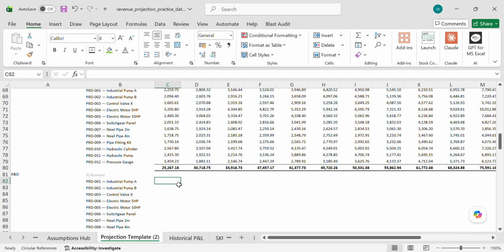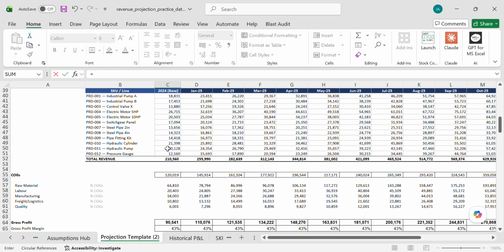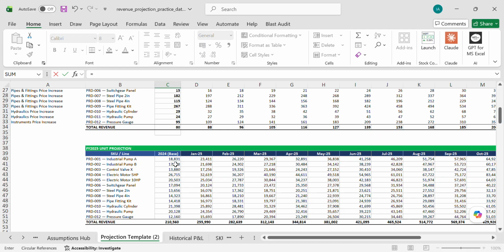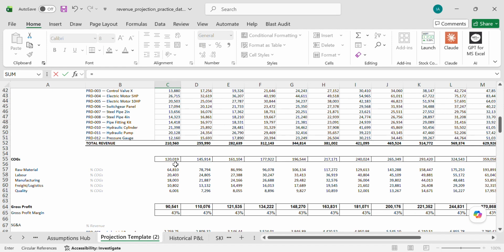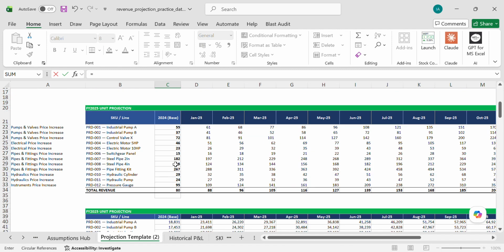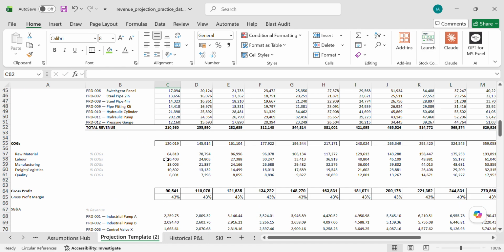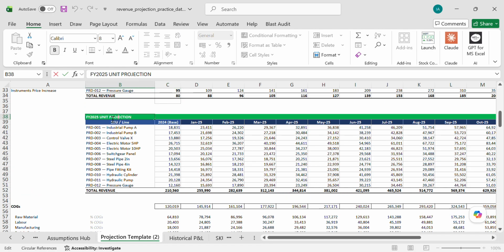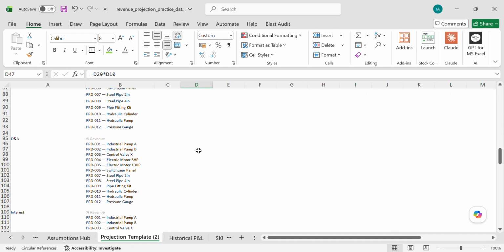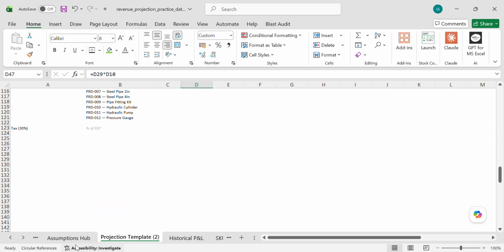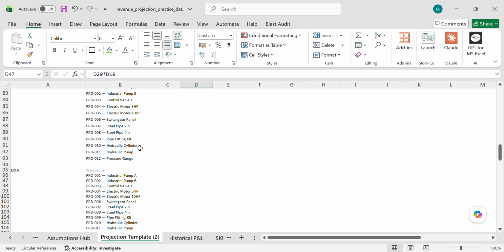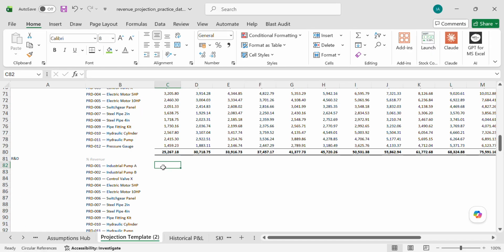I do the same thing for R&D. This is not unity, this is revenue. Right. So you do the same thing for this too.